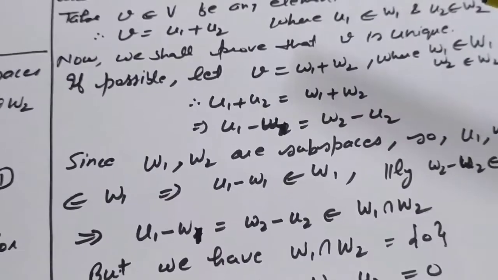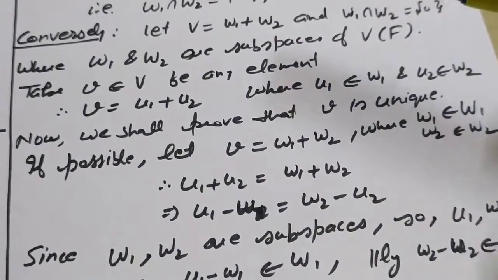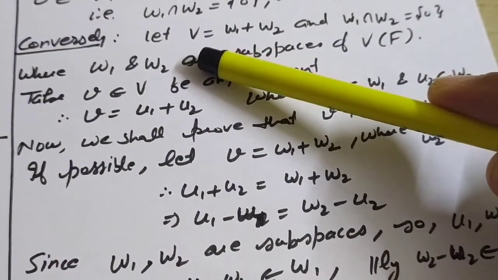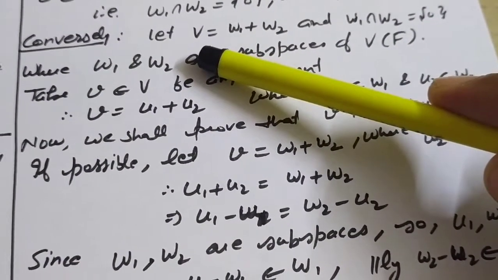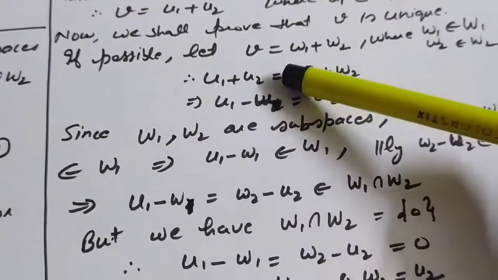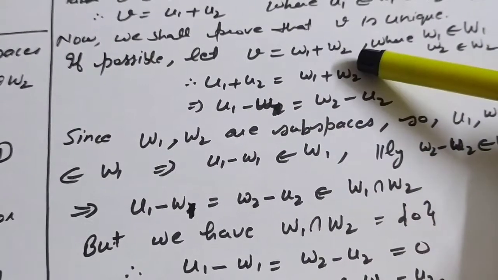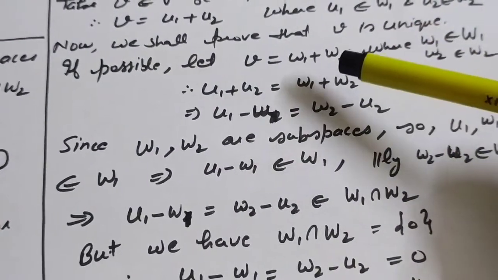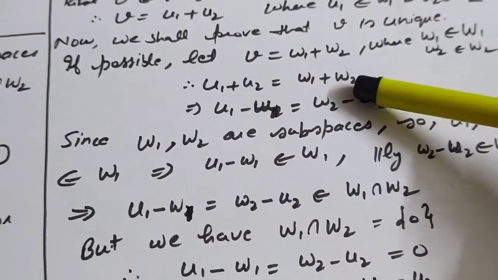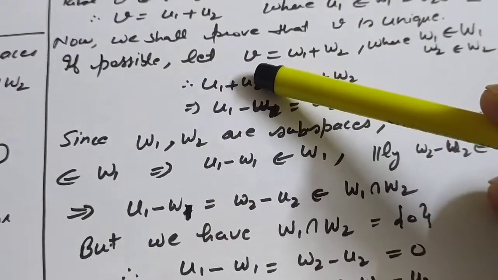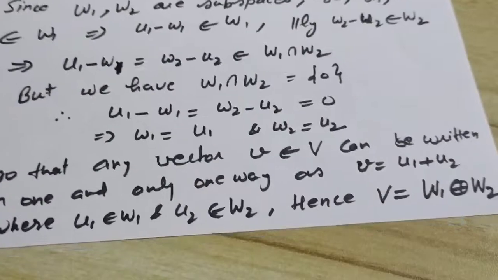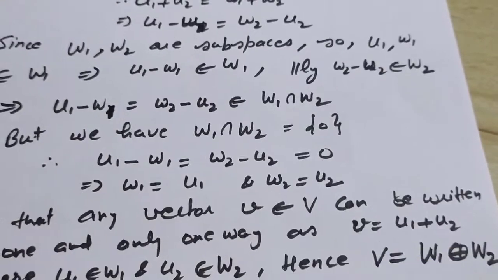Actually, what I have done in the contradiction part is to prove that v can be written in one and only one way. I supposed that it is also written in some other way, that is w1 plus w2, but when I approached it, I found a contradiction. I cannot express v in another way. Therefore, V is the direct sum of W1 and W2.